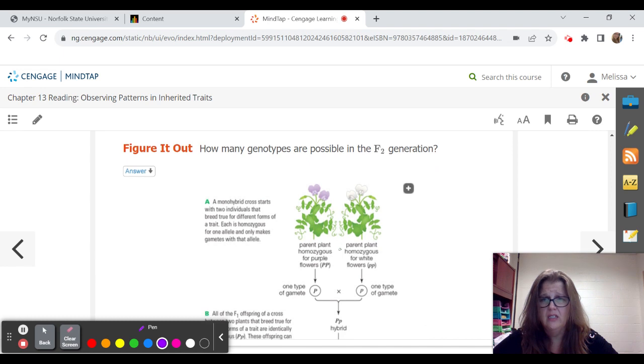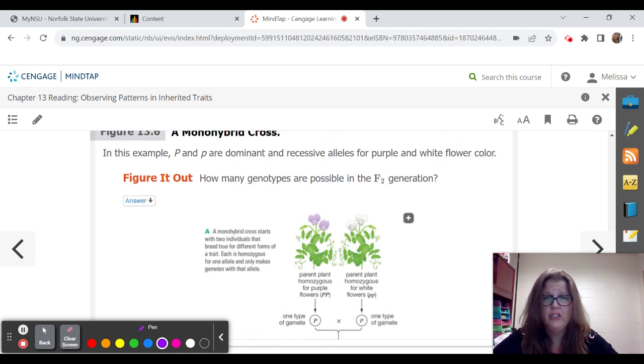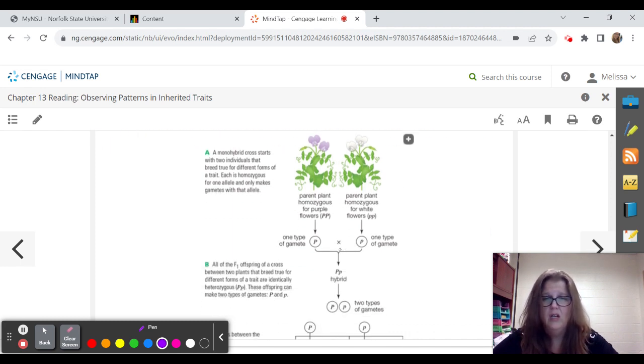We can look at this figure here. It says, how many genotypes are possible in the F2 generation if P is dominant, p is recessive, purple is dominant, white is recessive. And it's actually showing you how they go.